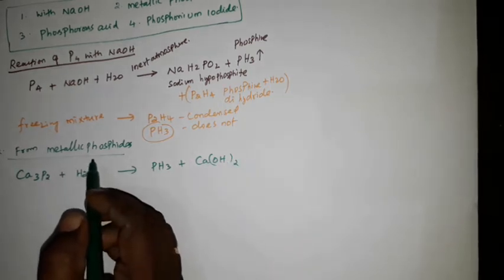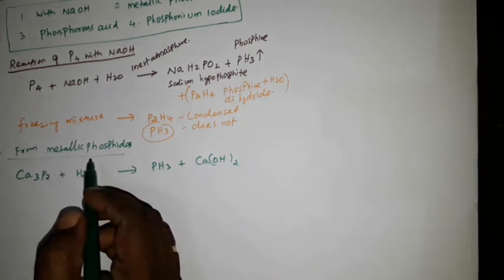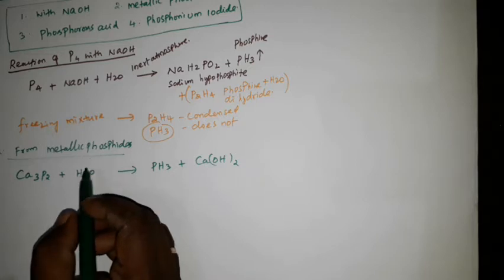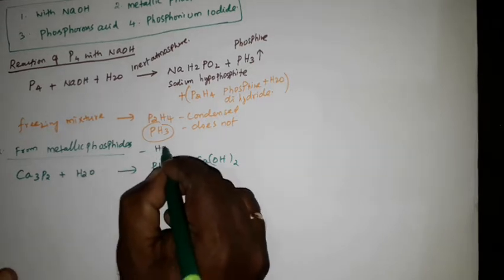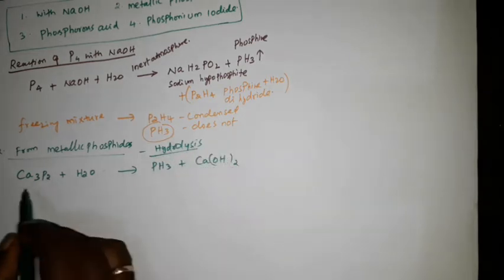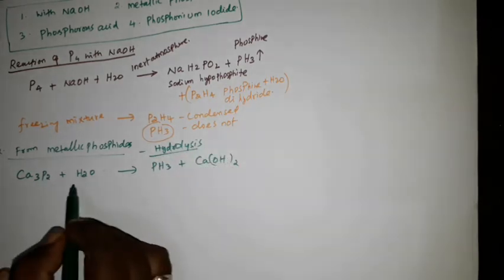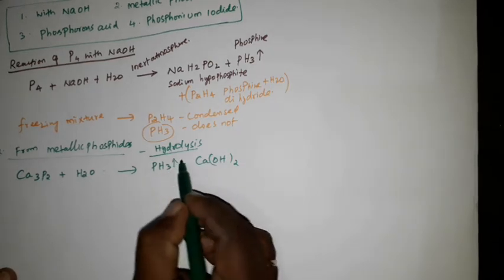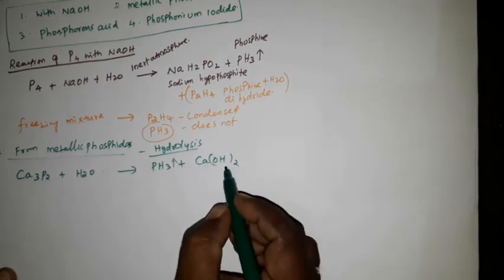So from metallic phosphide we are preparing it by hydrolysis. That means by the hydrolysis of this calcium phosphide, we are adding water, we are getting phosphine, then calcium hydroxide.